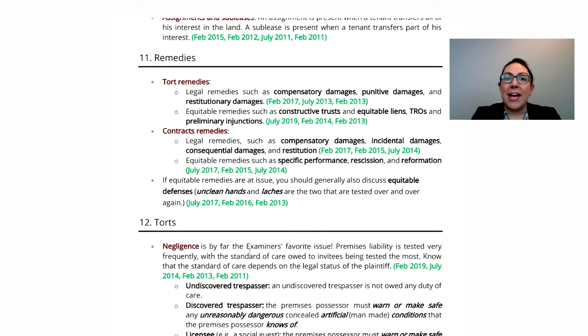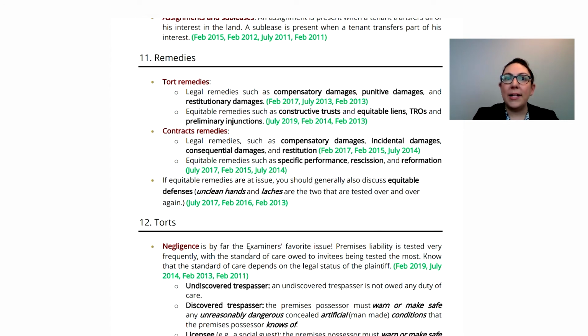Within remedies, they test both legal remedies and equitable remedies, and it's often a good idea to think about both. At the end of a remedies question, it'll probably be something open-ended, like what types of remedies can this person seek? And so it's up to you to go through all the possible remedies that that person may recover.